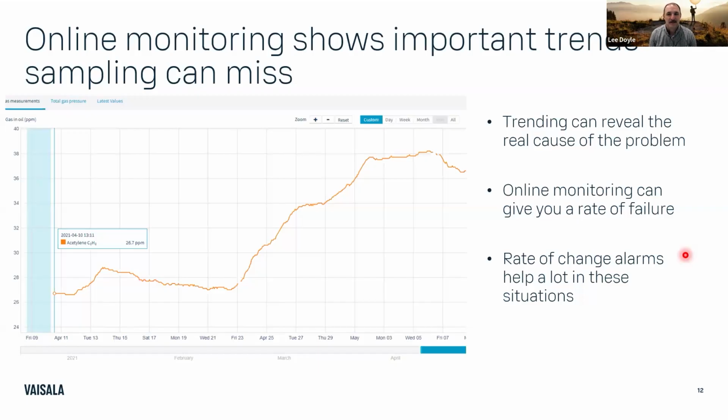And so online monitors can really help you look at it in much simpler terms of, okay, this is what the Duval triangle is telling me, or if you look at the pentagon, but how quickly you are getting there can be just as important, or in some cases more important, because it actually doesn't matter what the values are. They just keep going up, and they're going up very quickly. There's something very wrong here. So yeah, rates of change alarms in your online monitor can be critical for situations like this.